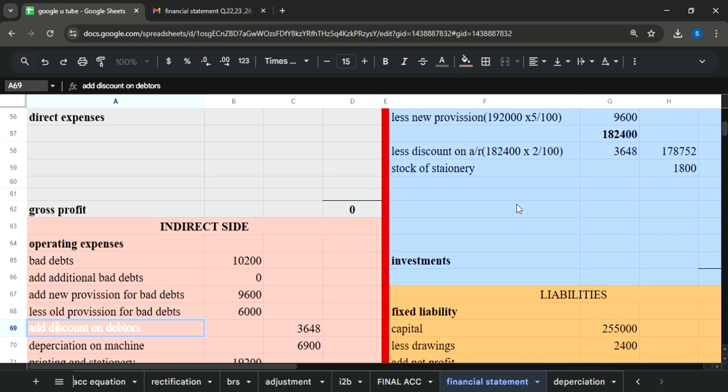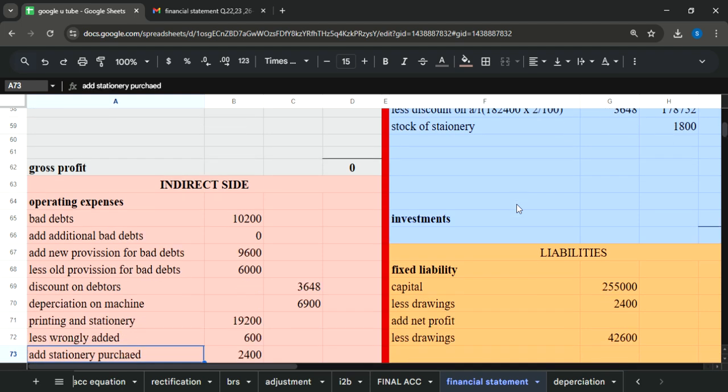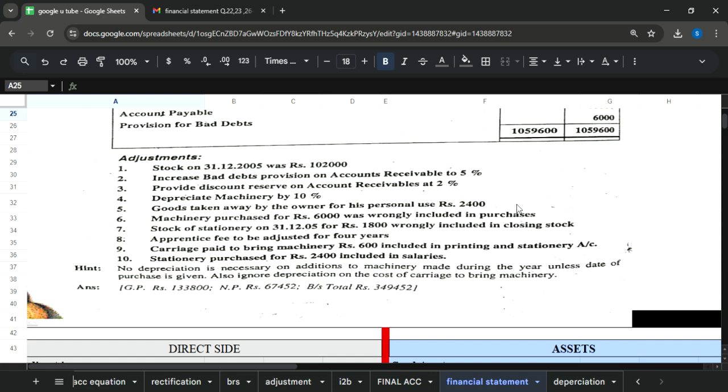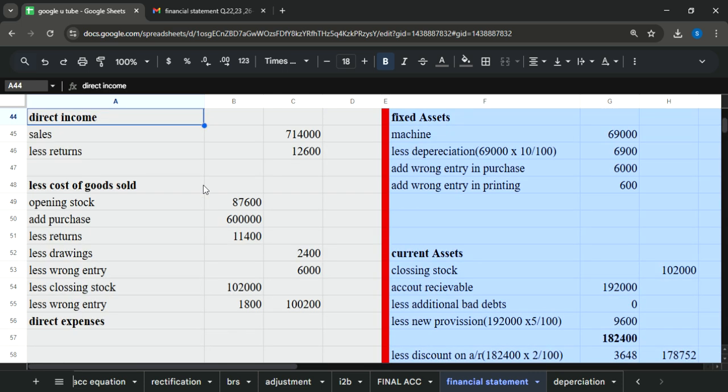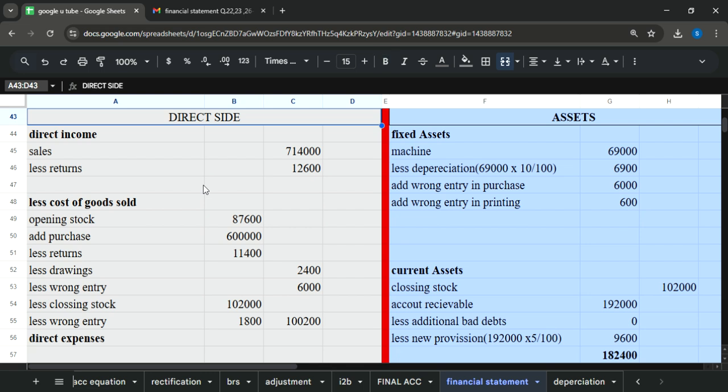Although we can add it in the above adjustment, I thought to keep it in a separate position. So provision was the last element of the trial balance. It means all adjustments except this 7 we have completed, and all elements present in the trial balance. Look at this, dozens of elements were present, and every element has been entered in the financial statement, showing that we are now ready to start our calculations.